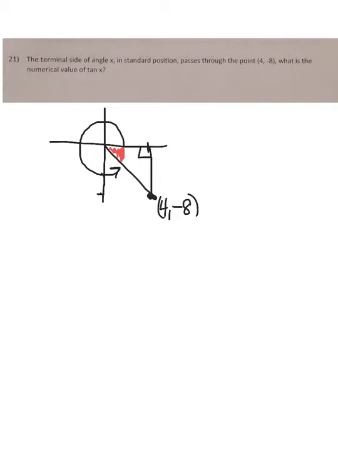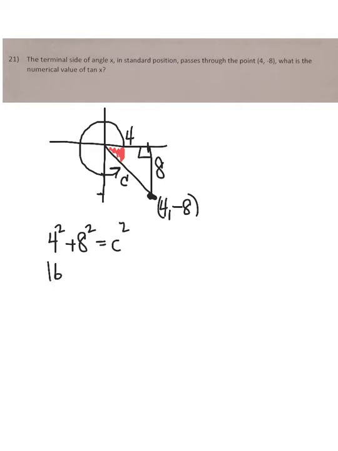So now I know that my horizontal side here is 4, and this is a distance of 8. I understand it's in the negative direction, but we don't really label the side of a triangle a negative. The negative just refers to the fact that I went down 8 units. If I want to find the hypotenuse, which I'm going to label c, I'm going to do 4 squared plus 8 squared equals c squared.